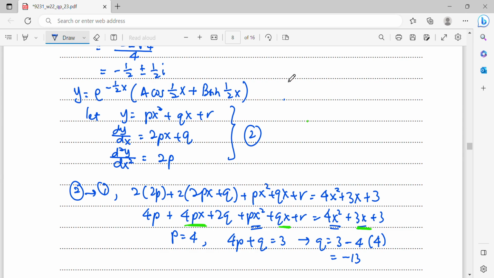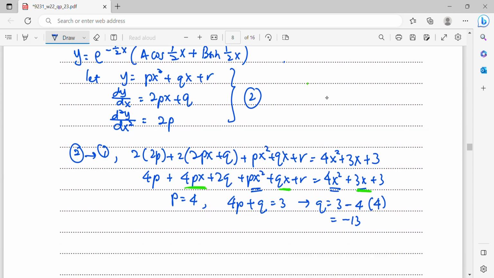After that, you compare the constants. So 4p plus 2q plus r equals 3. Now from here we need to get the r. So r is 3 minus 4p, with p replaced by 4, and then minus 2q.